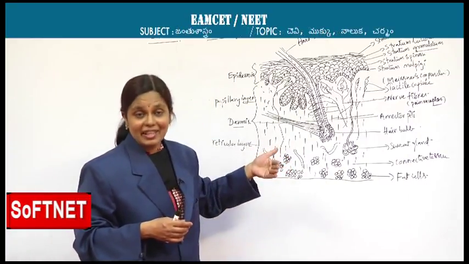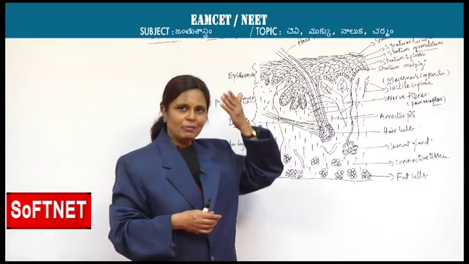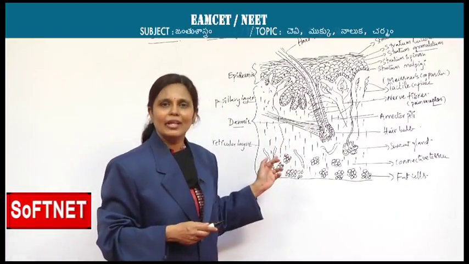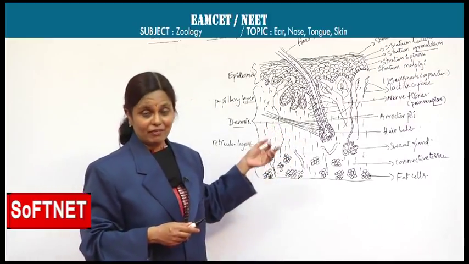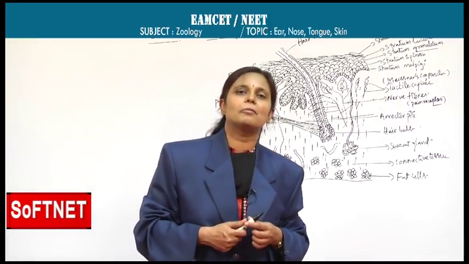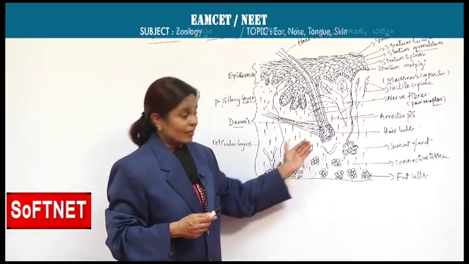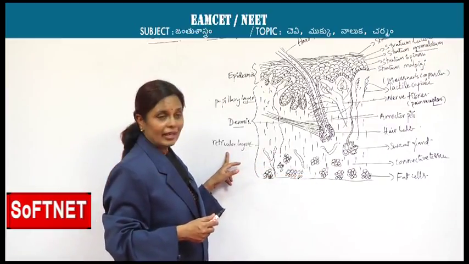But with increasing age, due to continued stretching of these collagen fibers, you find wrinkles in the skin of old aged people, because they, that is collagen fibers, gradually lose their mechanical strength. Now, besides this, what else do you find in this reticular layer of dermis?